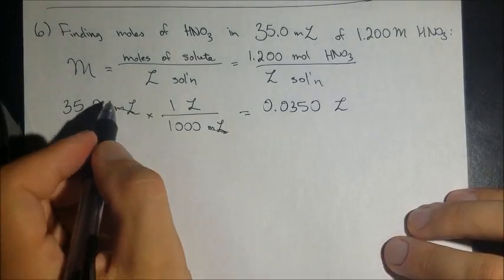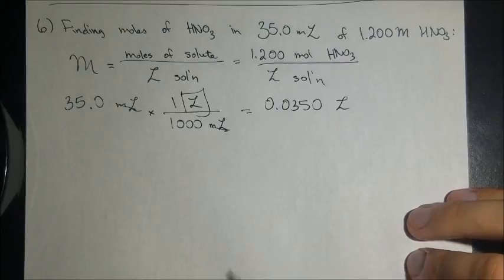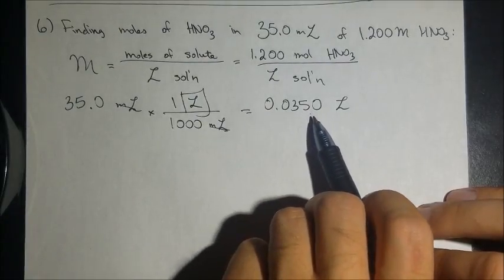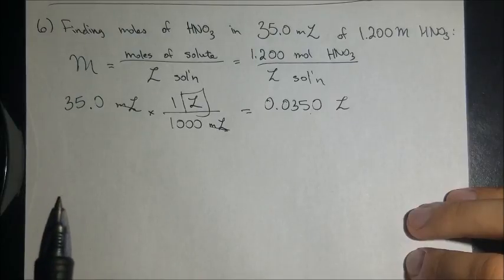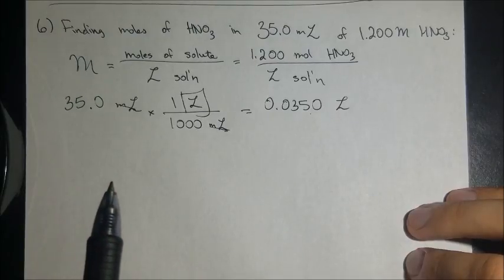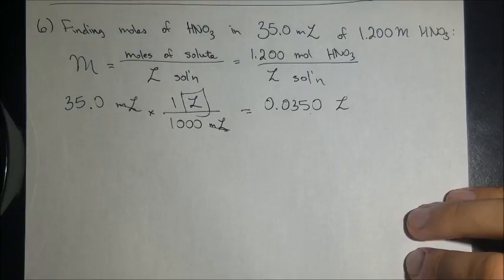Of course, our milliliters here cancel, and I'm left with liters. Okay, so that's the volume of the solution that I have. If I want to figure out the number of moles of nitric acid that I have, then I need to say, okay, well, a liter has 1.2 moles, but I only have 0.035 liters. So, how many moles of solute do I actually have?